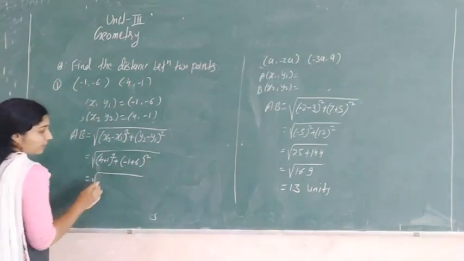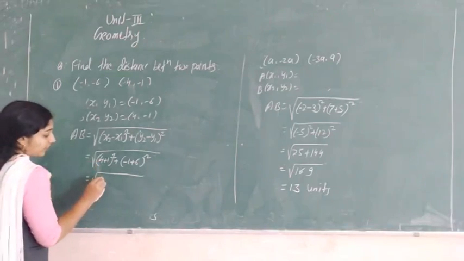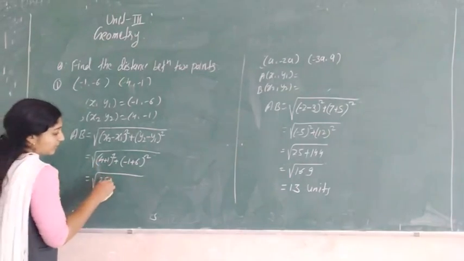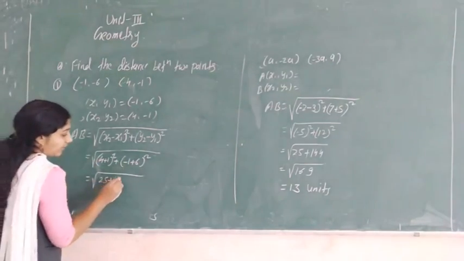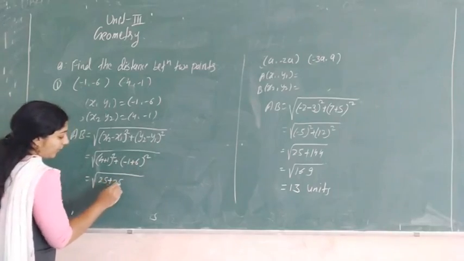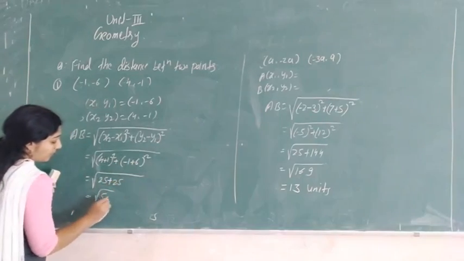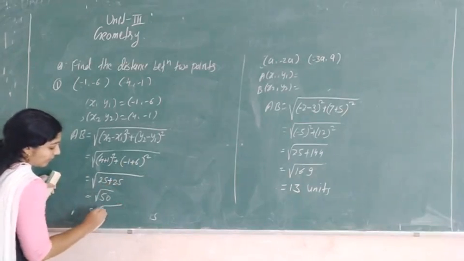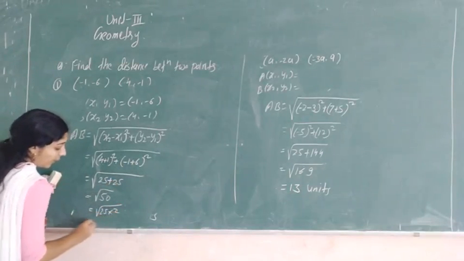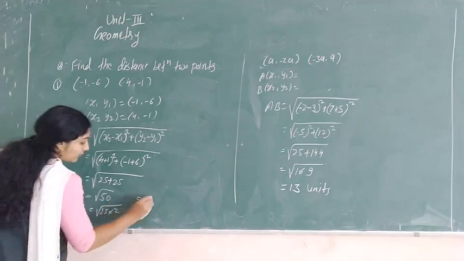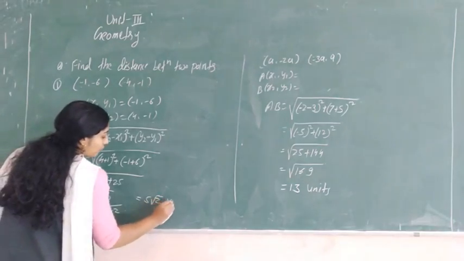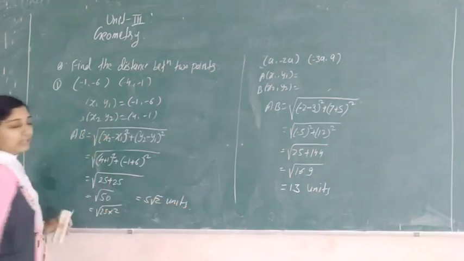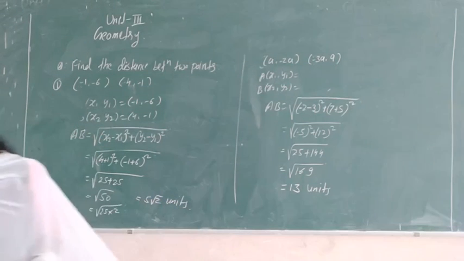Square root of 4 plus 1 is 5, 5 square is 25, plus minus 1 plus 6 is again 5, 5 square is 25. That is nothing but root 50. We can expand 50 as 25 into 2, and 25 is a perfect square. So we can write 5 root 2 units. So the distance between A and B is 5 root 2 units.